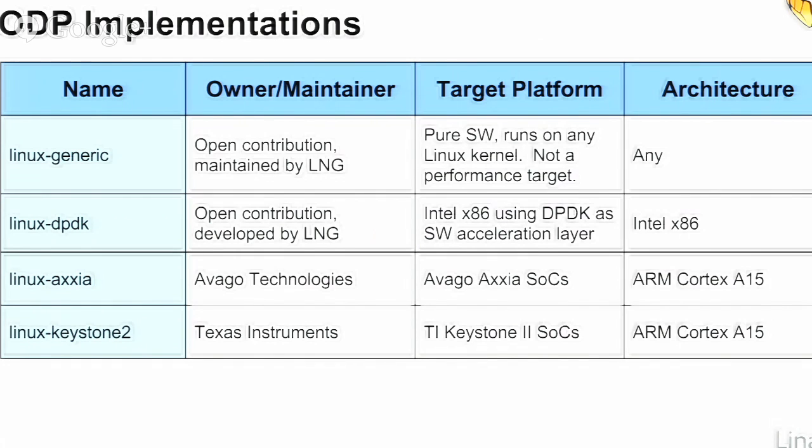We then have a number of member SoC implementations. There's one from Avago Technologies for their Axxia family of SoCs, which is ARM Cortex-A15 based. Texas Instruments has an implementation for its Keystone 2 platform, which again is ARM Cortex-A15 based.